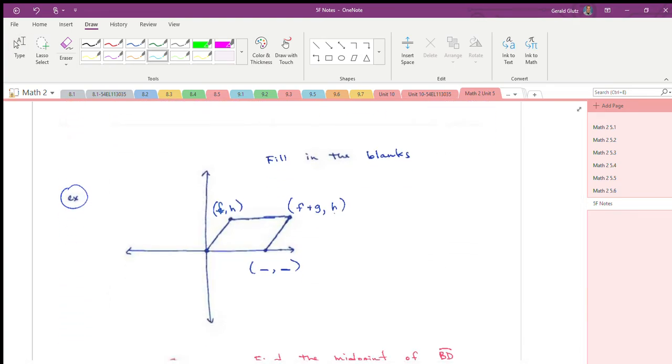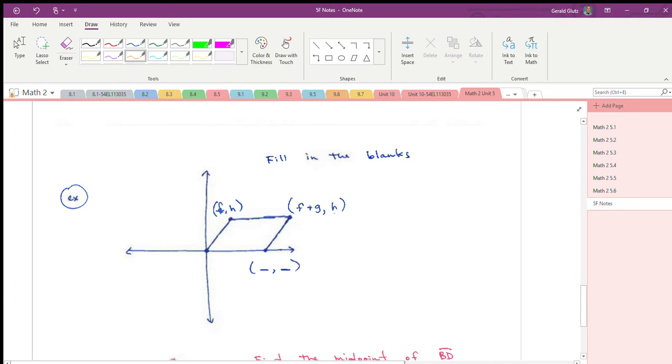All right, so next example. It says E, it's supposed to be an F, so go ahead and change that to F. So this is FH, and then we got F plus G, comma H, and then we need to figure out this one down here. So how far right did we go?